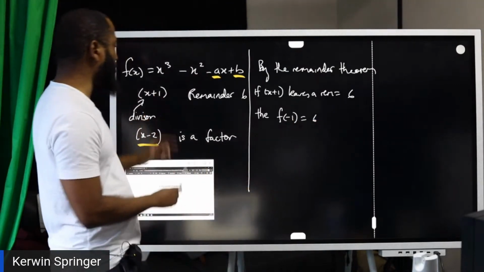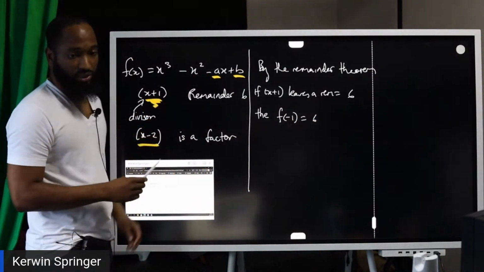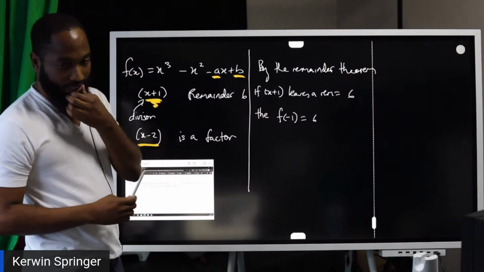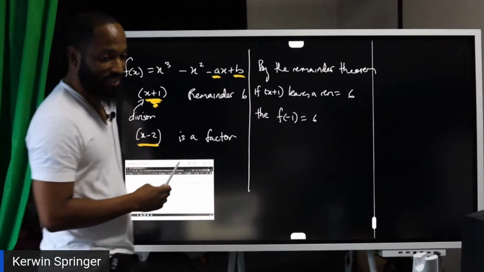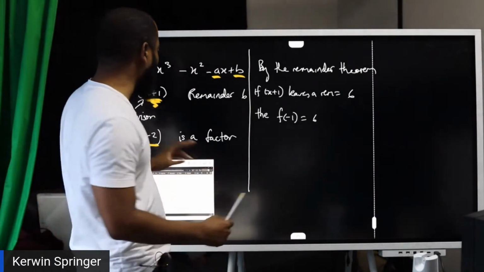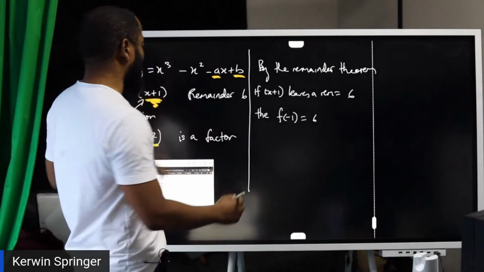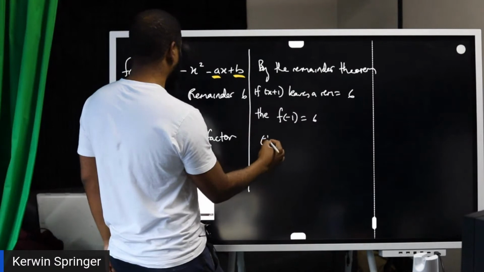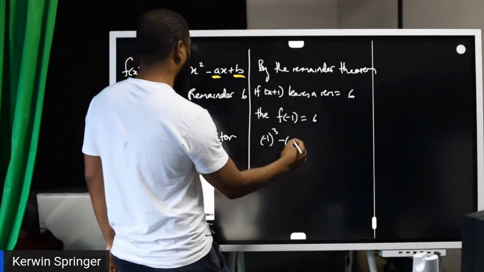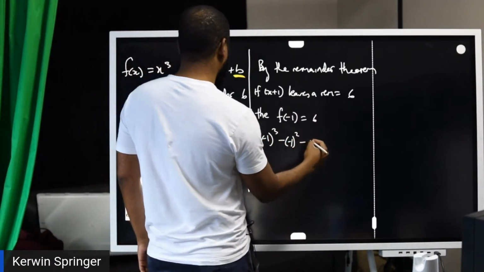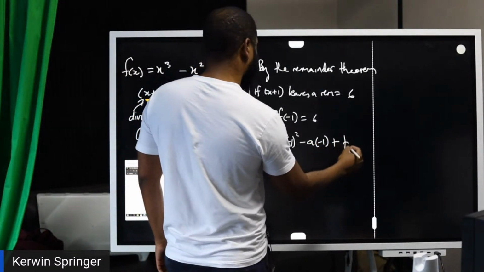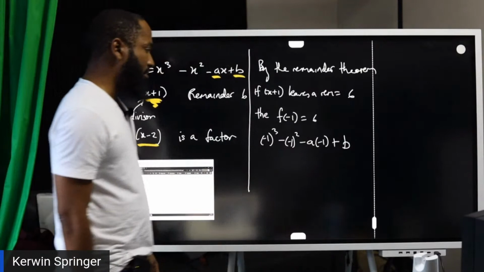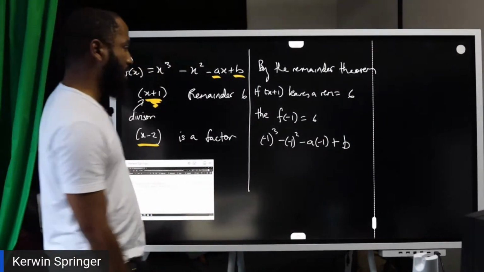So you substitute the root involved here: equate x plus 1 to 0 and substitute. I can test it out in my own time, I just want to continue the lesson. So you're going to have -1 cubed minus -1 squared minus a times -1 plus b, and that equals 6. That's the first condition.